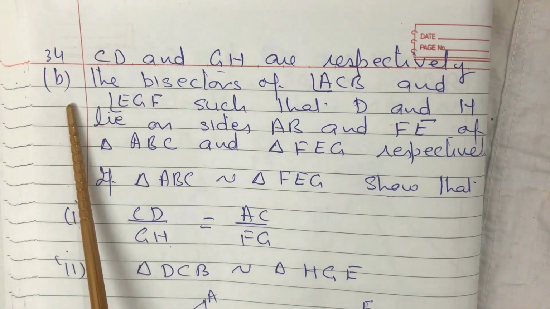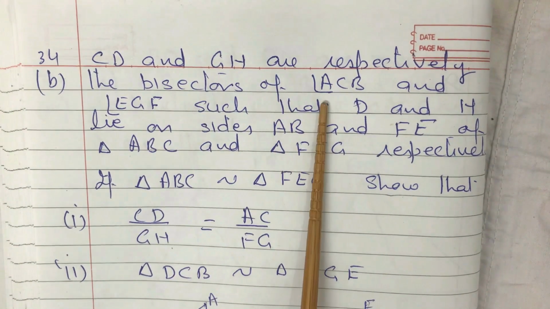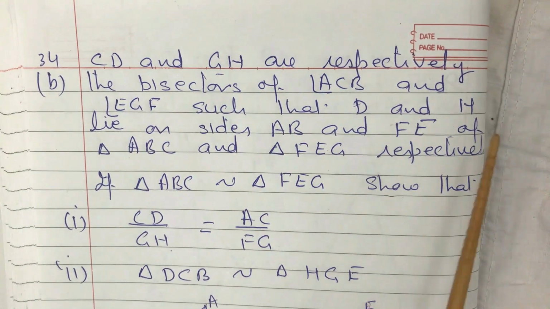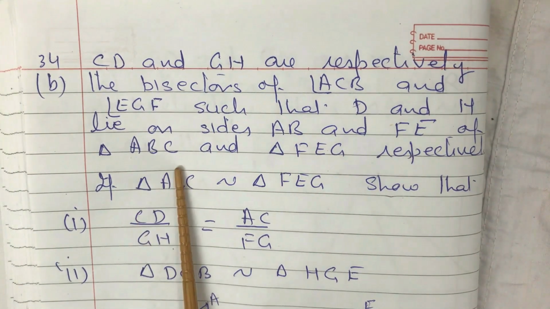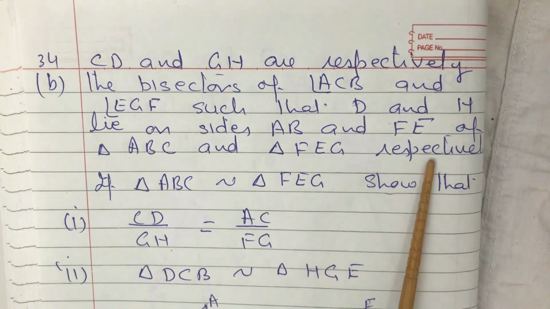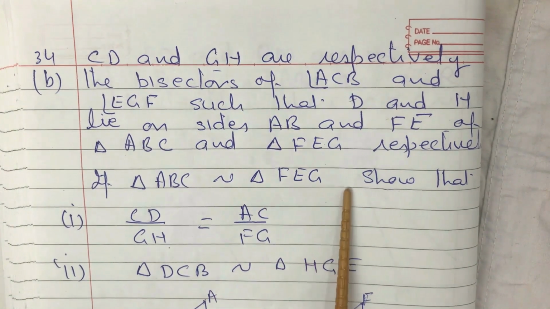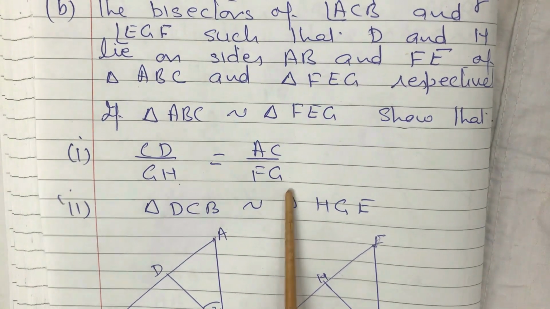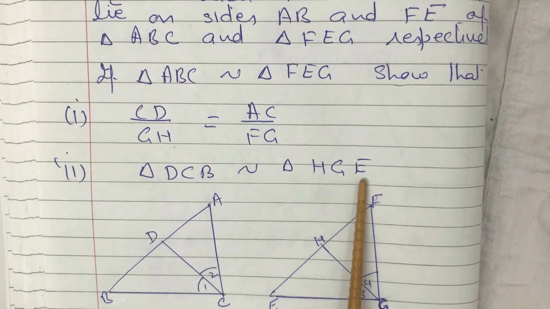34th question, B part. CD and GH are respectively the bisectors of angle ACB and EGF such that D and H lie on the sides AB and EF of triangle ABC and triangle FEG respectively. If triangle ABC is similar to triangle FEG, show that CD by GH is equal to AC by FG, and second, triangle DCB is similar to triangle HGE.